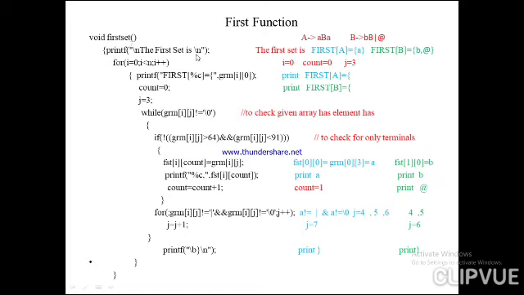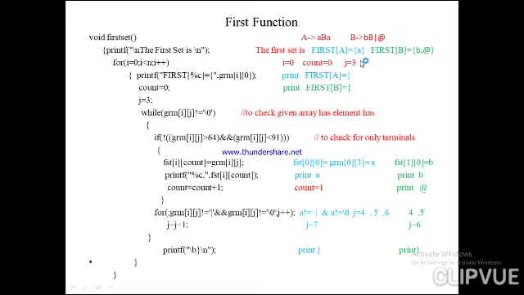Now enter the first set. So here initially what we are displaying is the statement, the first set is, so this is displayed common for both of them. Then I'll come to this one, i will be 0 and the count will be 0 and j will be equal to 3.